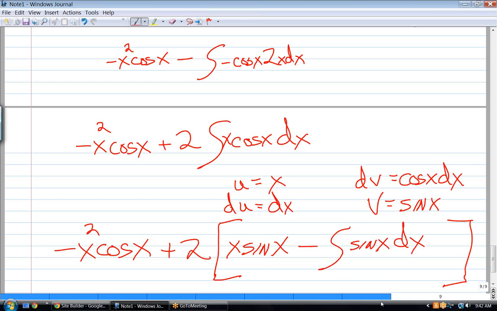Okay, and this integral can be replaced with negative cosine x. And then we just have to make that a plus and distribute the 2 for a final answer.